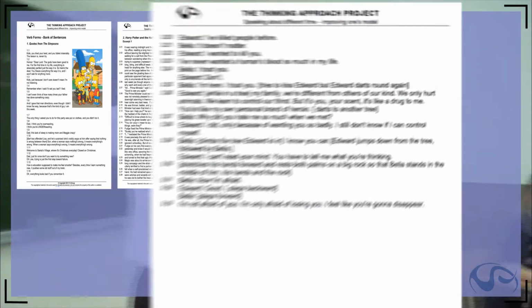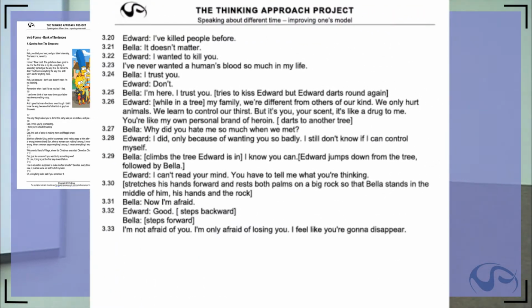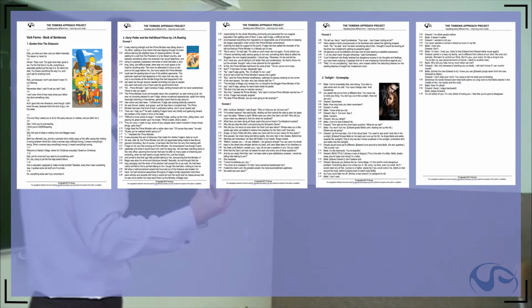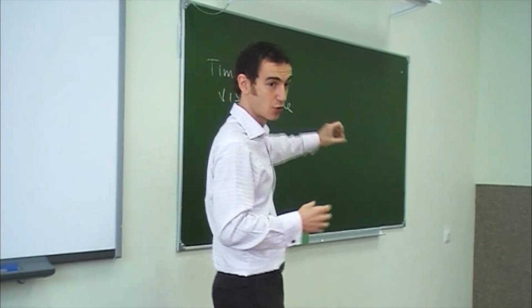So if they wrote, for example, I don't know, time past vision whole, then you have to find sentences from the bank that would be about past time and whole vision.